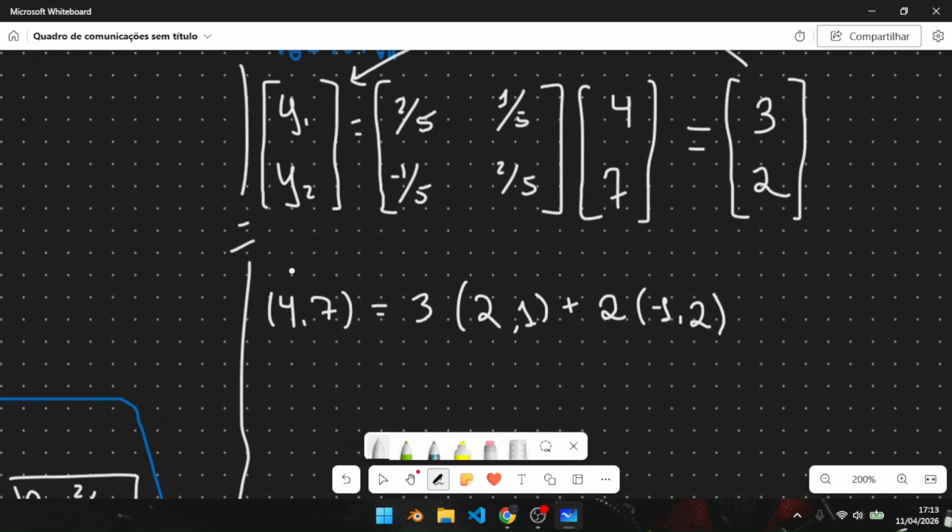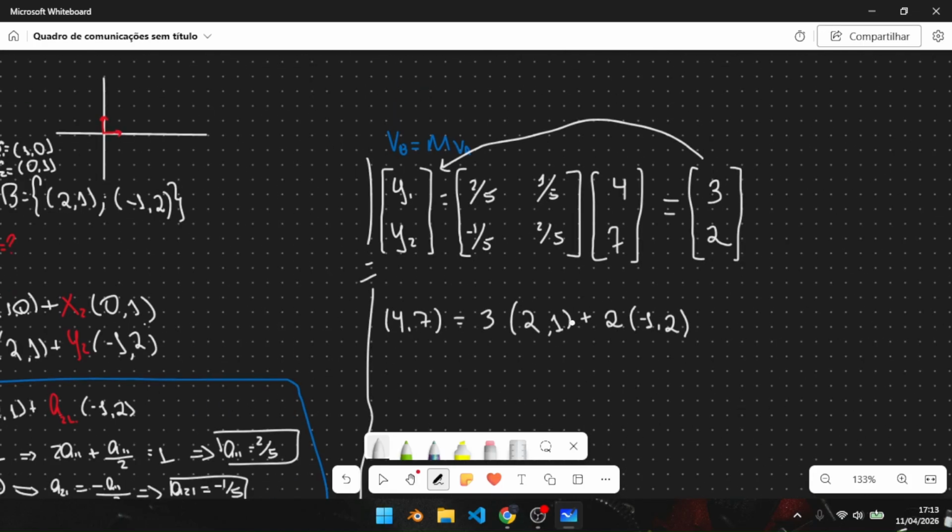We took a vector from the basis A, and you express it through a linear combination of the vectors in B. I just didn't really understand why the constants turn out to be the coordinates of the vector B. I don't know why yet, but well, it is what it is. Yeah, so that's change of basis.